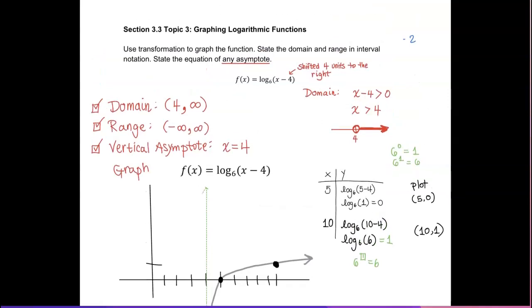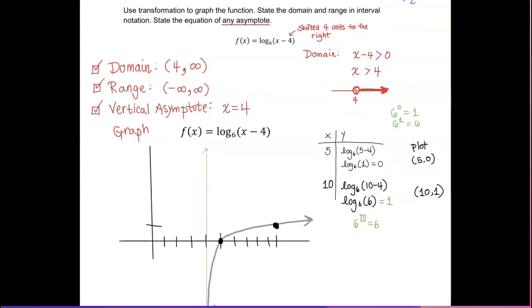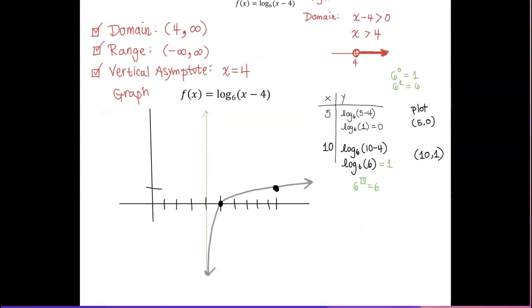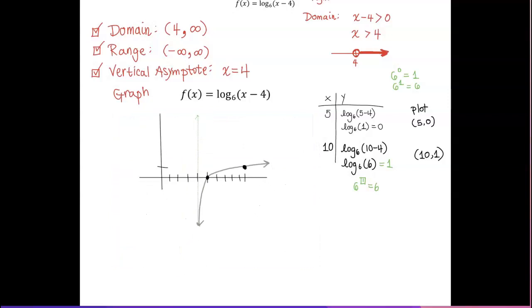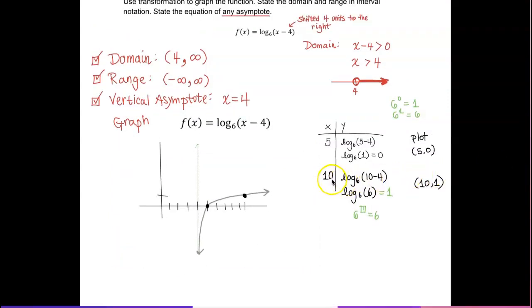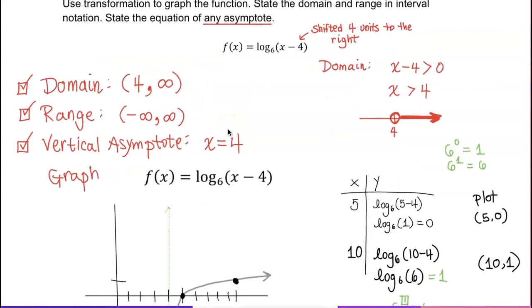But I think if we are just using the transformation of function, we could have just put one plot at 5, 0, and just sketched the graph, because it was really kind of difficult for us to figure out what's going to be the second nice point to plot. But just thinking about what are some possible numbers we can get by raising 6 to an exponent, my next point would have been something like this.